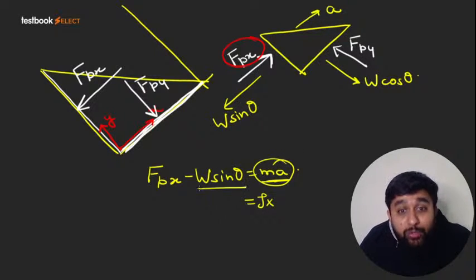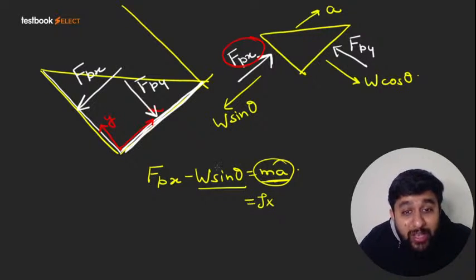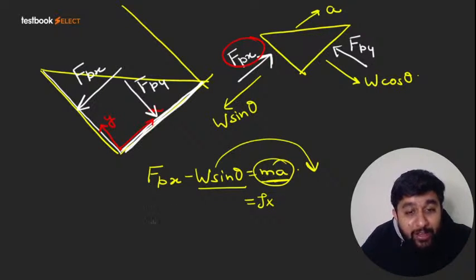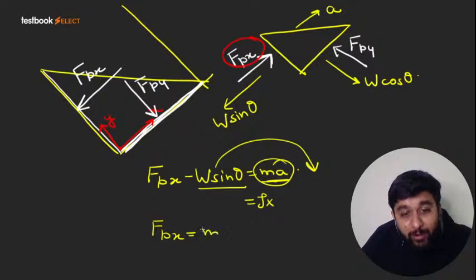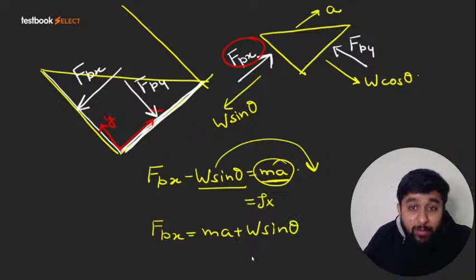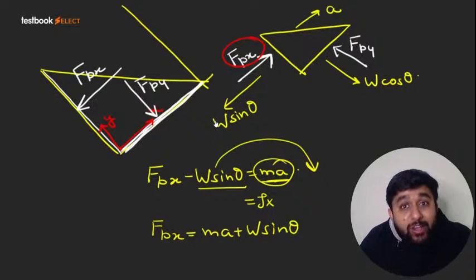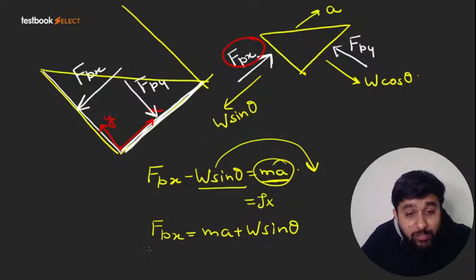How do you write W sine theta? That is mg sine theta. This is also known to us. So when you take it to the other side, you will get the pressure force value. That will be MA plus W sine theta. Similarly, when you apply Newton's second law of motion along the y direction, what will you say?